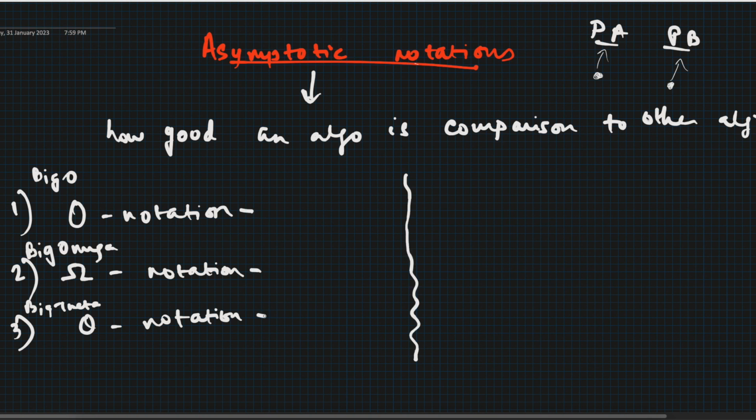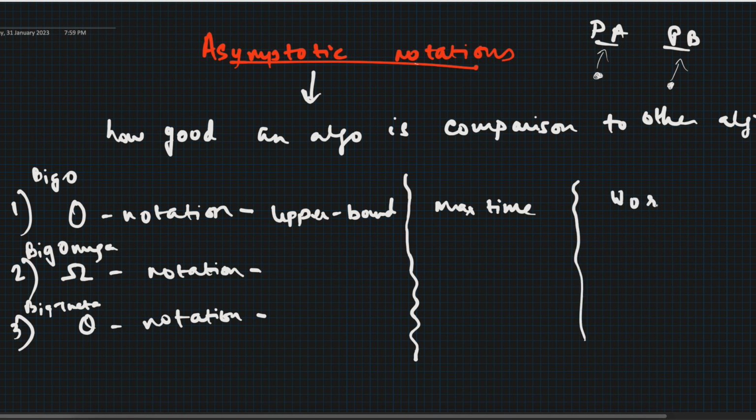So what each of these means: big O notation describes the upper bound of an algorithm. It means the maximum time the algorithm is going to take to run. This is also called the worst case time complexity.